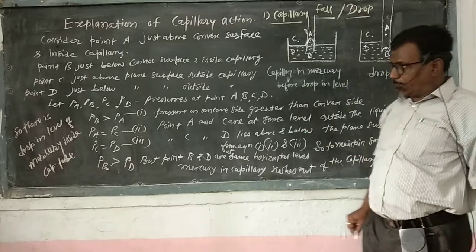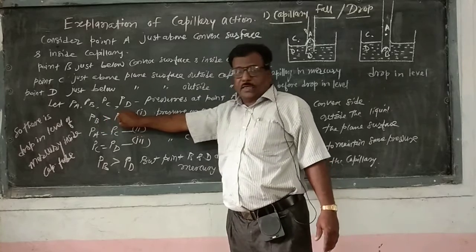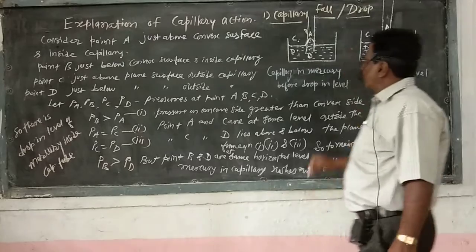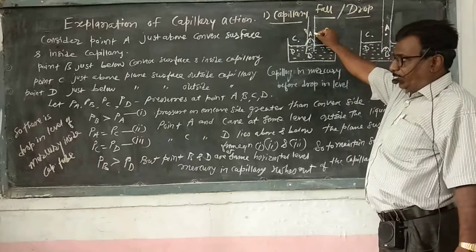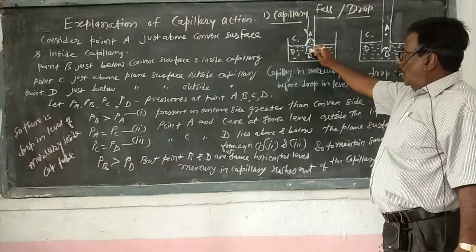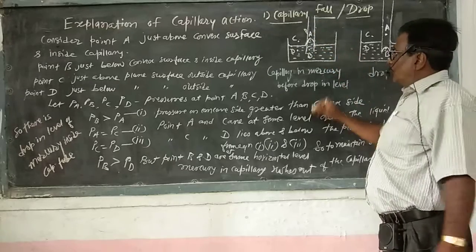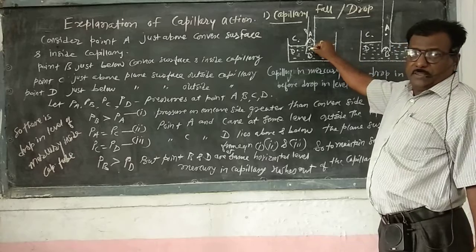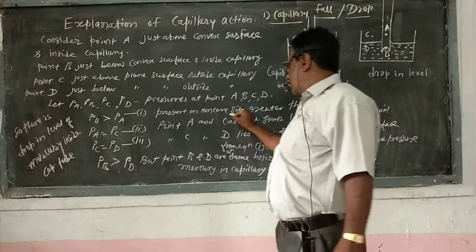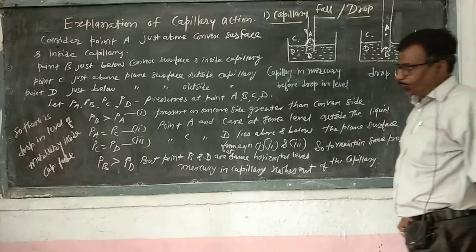And we know that the pressure at point B is greater than the pressure at point A. Call this equation number 1. Why is the pressure at point B greater than at point A? Because the pressure on the concave side is greater than on the convex side. Point A is on the convex side, and point B is on the concave side, so the pressure at B is greater.